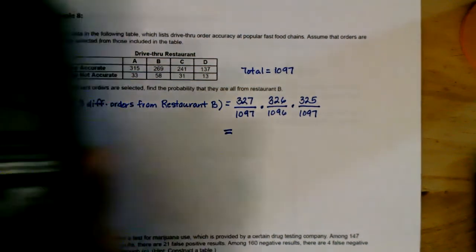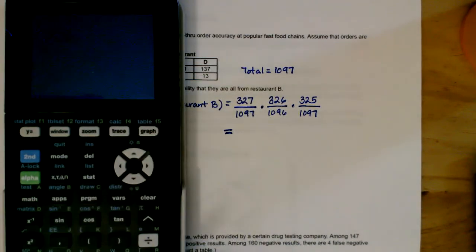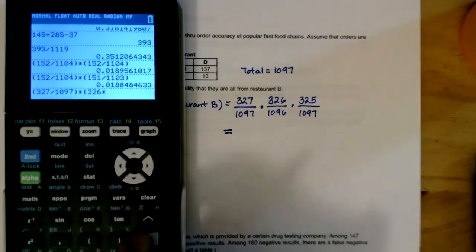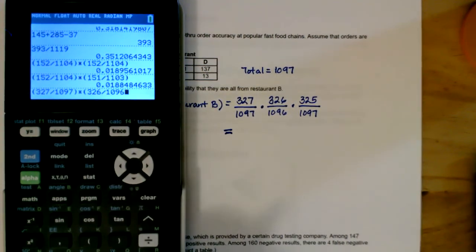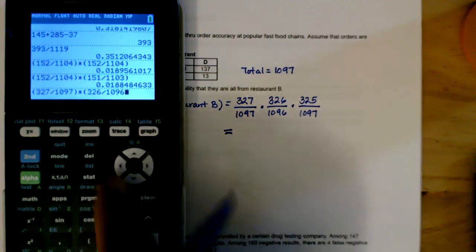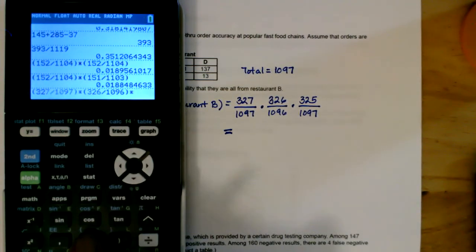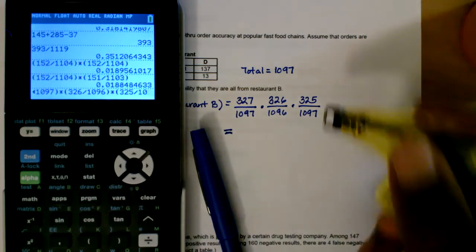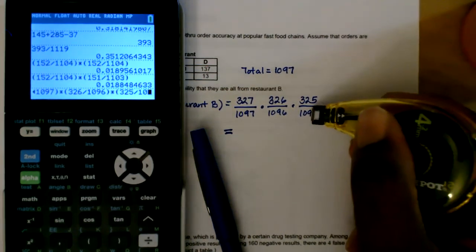Now, let me show you how to enter this in the calculator. All right, I'll do left parentheses 327 divided by 1,097, close parentheses, times, and then left parentheses 326 divided by 1,096, close parentheses, and then times left parentheses 325 divided by 1,095, because that's got decreased by 1.